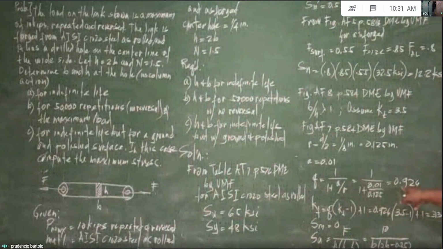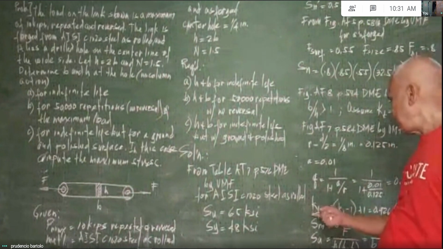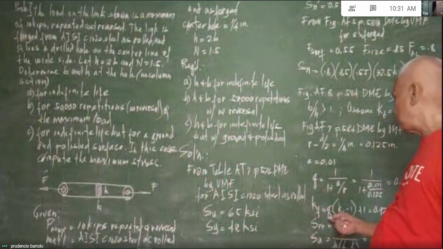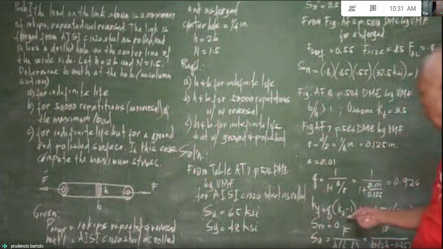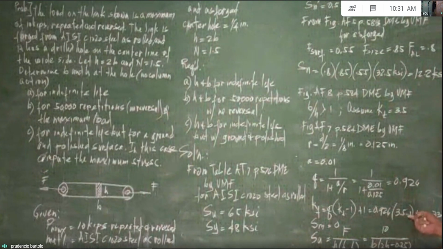Q now will be equal to 0.926. Having the value of q, Kf now will be equal to q multiplied by the quantity Kt minus 1 plus 1, or 0.926 multiplied by the quantity 3.5 minus 1 plus 1 will give us 3.3.